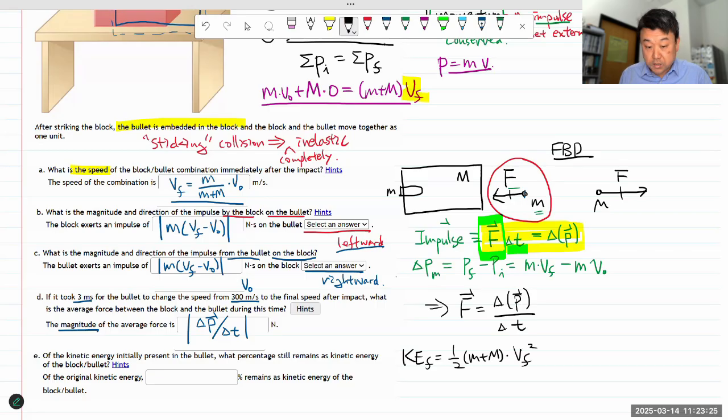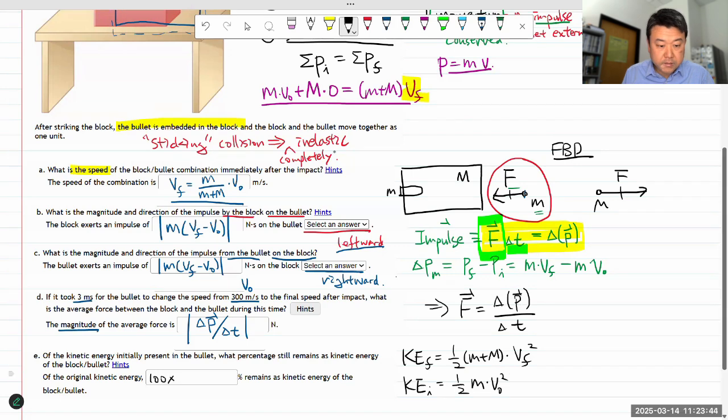And the initial kinetic energy is equal to 1/2 the small mass of the bullet times its initial speed squared. And for this percent remains as kinetic energy, 100 times KE final divided by KE initial. And I'll get a numerical answer and plug that in.